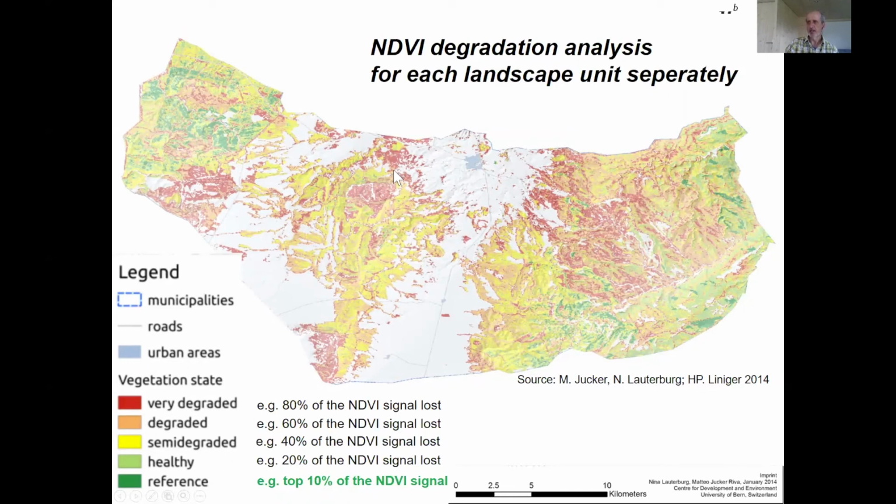The redder, the more loss of the greenness in each of the landscape units separately. And you can see closer to the valleys, closer to the village here, that zone here, reddish in color. These areas that have been burned, of course, they have a different redness. But these areas here, before we had very different situations, north and southern slopes.